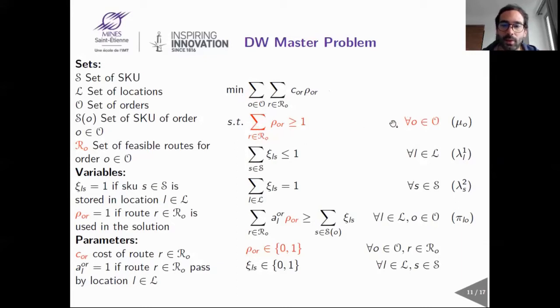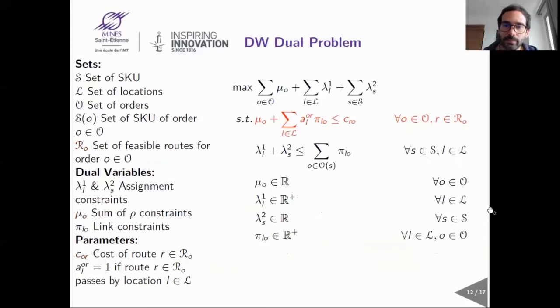Here, for each order, there is at least one route that has to be chosen in the solution. And the link constraint remains the same: for one order and one location, if one item of this order is located in location L, then the chosen route should stop in location L.